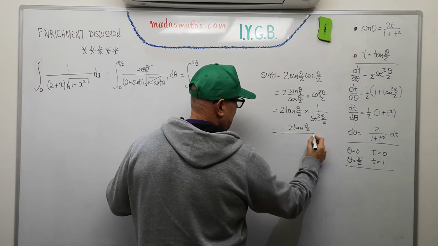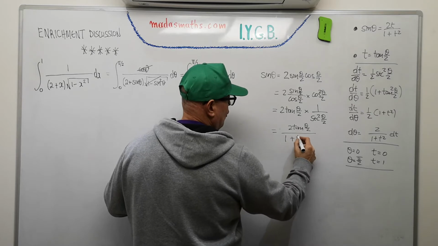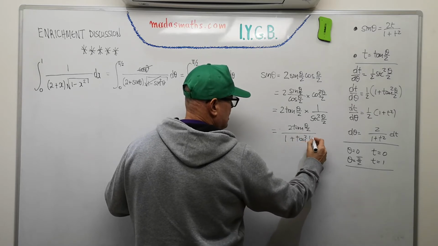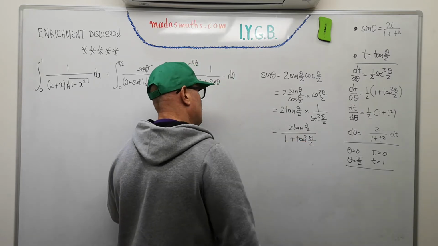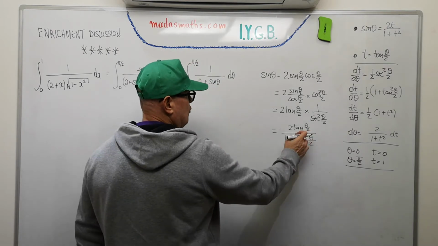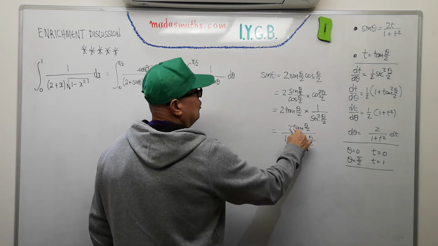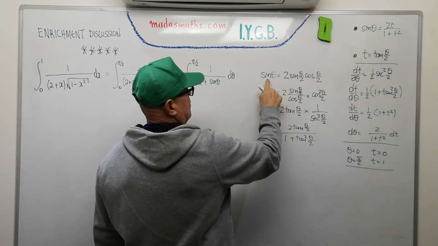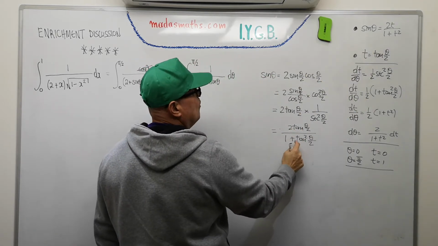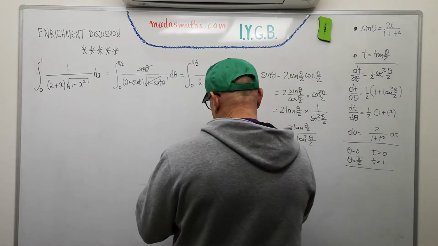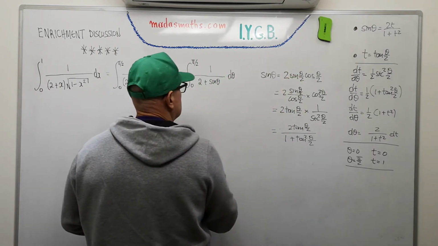Sec squared is 1 plus tan squared of exactly the same argument. So that's exactly 1 plus tan squared of theta over 2. And of course, this is just t, this is just t. And this now, if you look at what I've written up there, is the sine of theta is 2t over 1 plus t squared. So that's another way, no triangles to be drawn, just pure algebra.